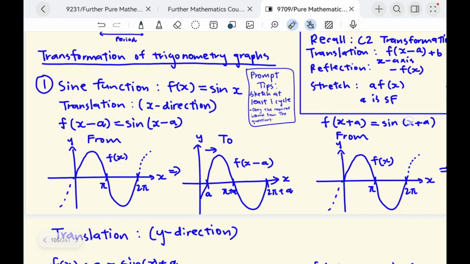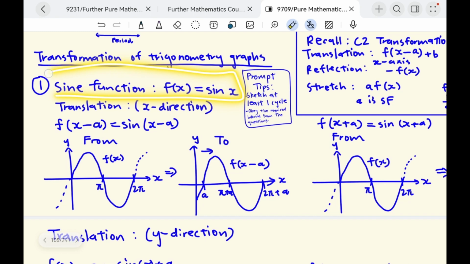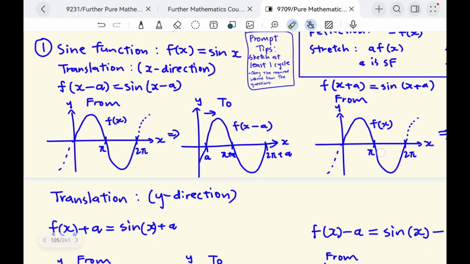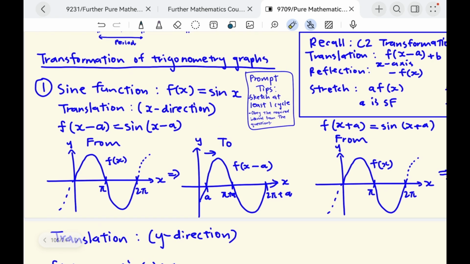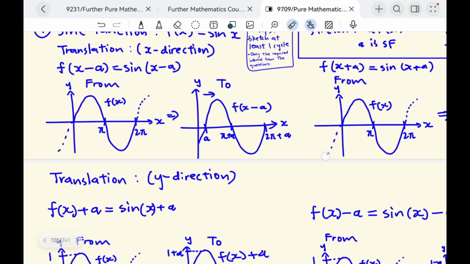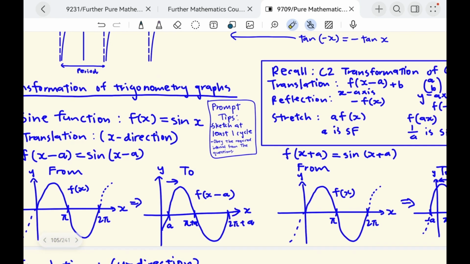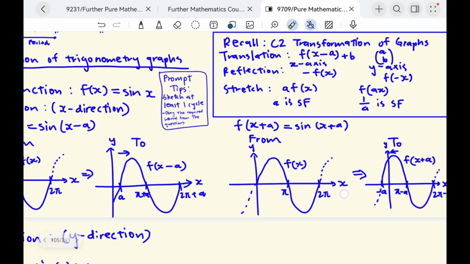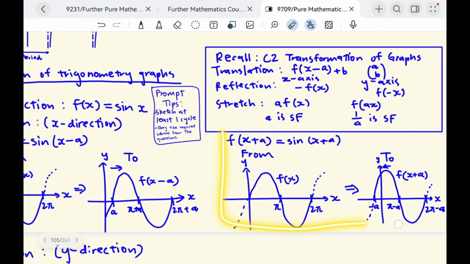So let's get started with the transformation of the sine function. For the translation in the x direction, if you replace x with x minus a, which means sine of (x minus a), it means that you move a units to the right hand side. You see, it is valid to apply from the previous theta inside here, as well as the right hand side one.